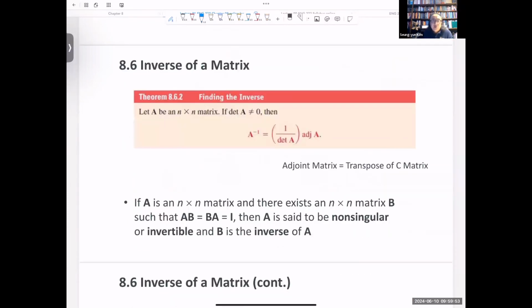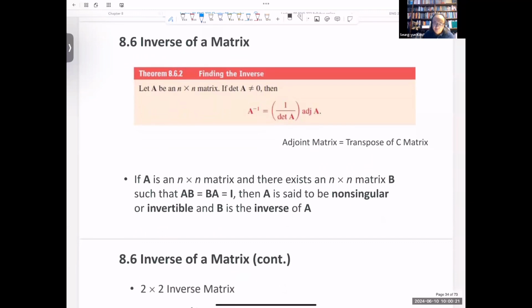Okay, so the inverse of a matrix. This is the key section of the chapter, and what we learned so far leads to this. Why do we use matrices? Because to get any solution using matrices, we have to use the inverse matrix.